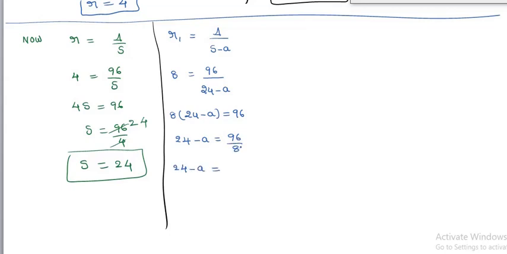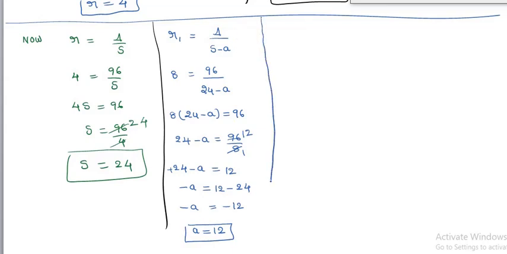Minus A is equal to 12 minus 24. Minus A is equal to minus 12. A is equal to 12. So A is finished.